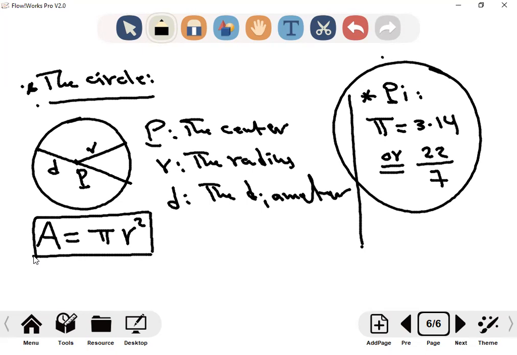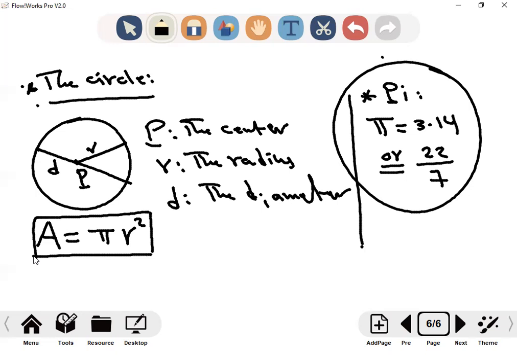How about the circumference from my students here? Who remember the circumference? How we find the circumference? Yes, Abdul. Pi multiply d. If you remember, we have two formulas for the circumference. One of them is pi multiply d. The other one, yes, Mustafa, 2 pi r.